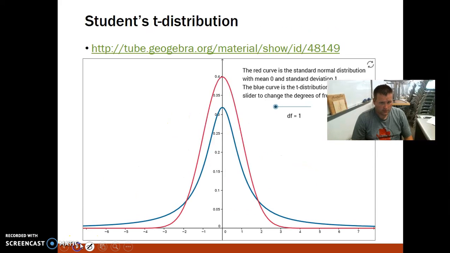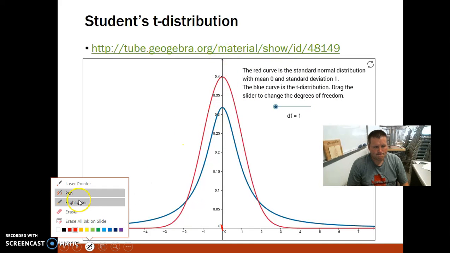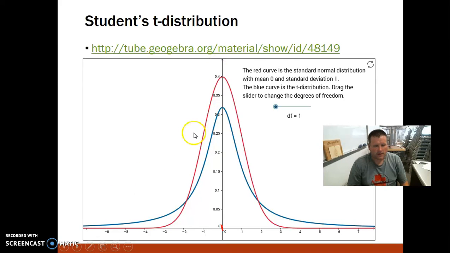So let me just show you this. Let me just explain what this is. This red line is the standardized normal distribution. So if you notice, it's at 0 here. Again, it's the standard normal curve. And then the blue one is what we call a T distribution. If we actually want to look at this, we can change this.